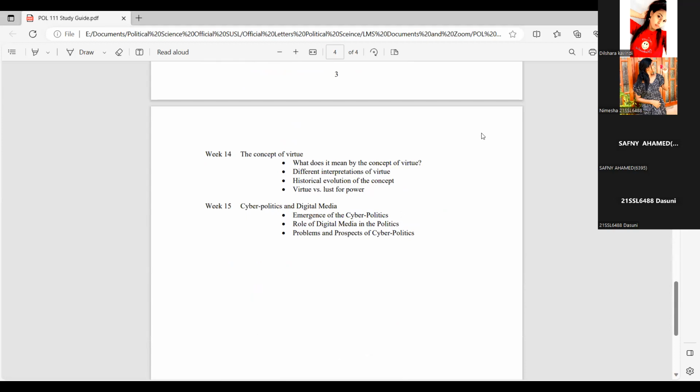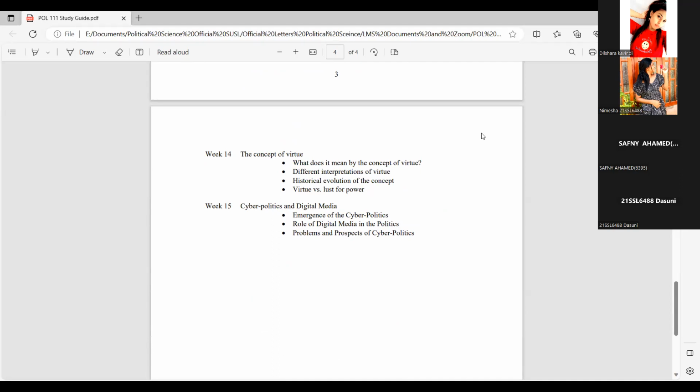Again, the concept of virtue. What does it mean by virtue? There are different interpretations about virtue, right? Montesquieu's interpretation of virtue. Then Socrates' idea on virtue. How Plato perceived the concept of virtue.